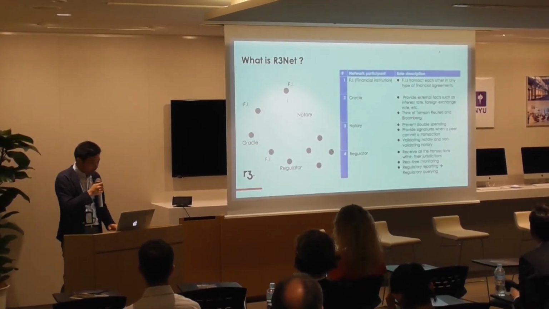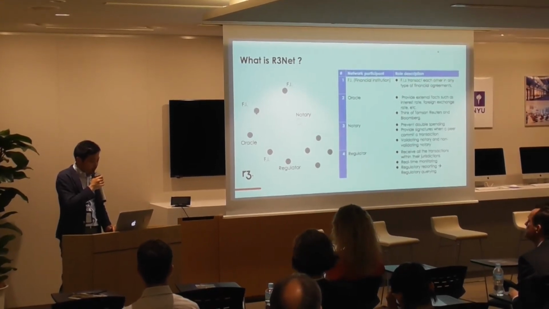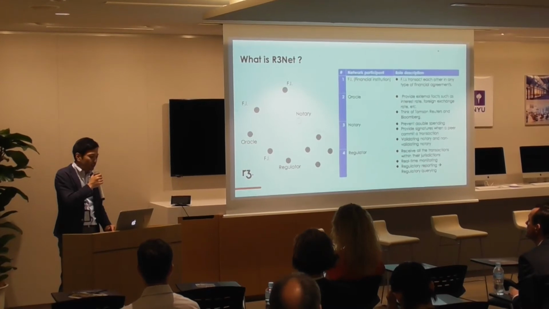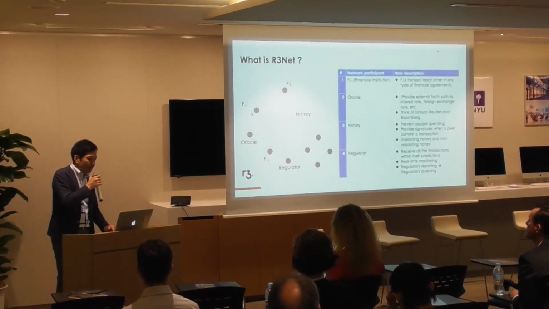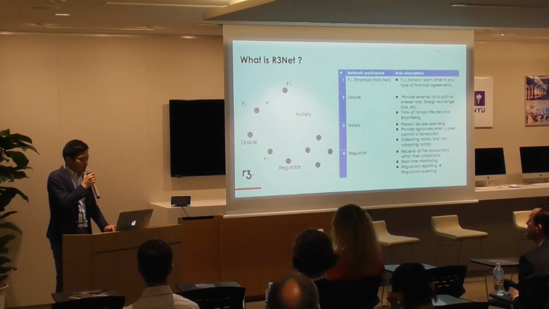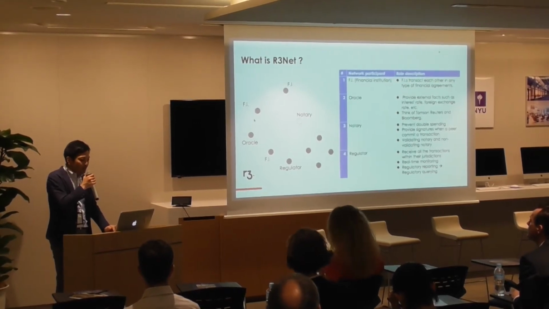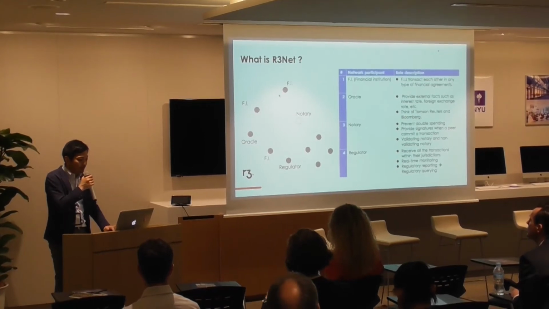For example, if this financial institution and this financial institution want to make an interest rate swap, then they can do it just between them, but they need interest rates to make interest rate swaps.